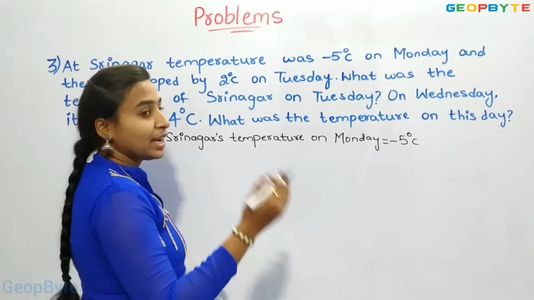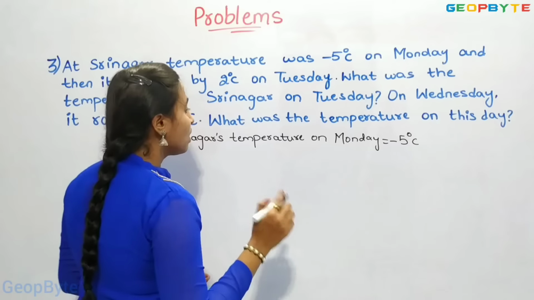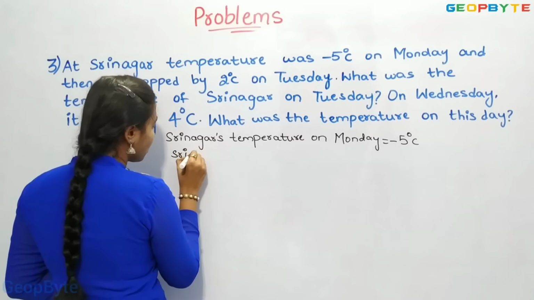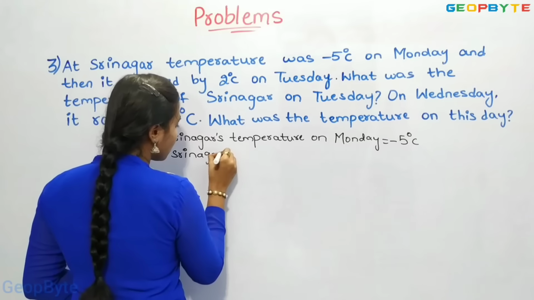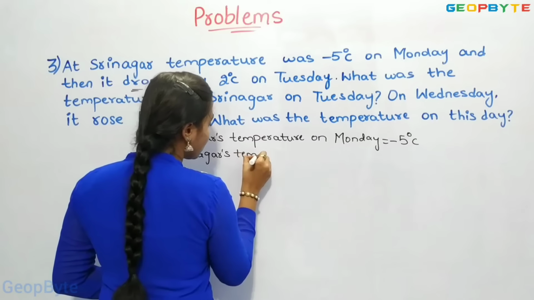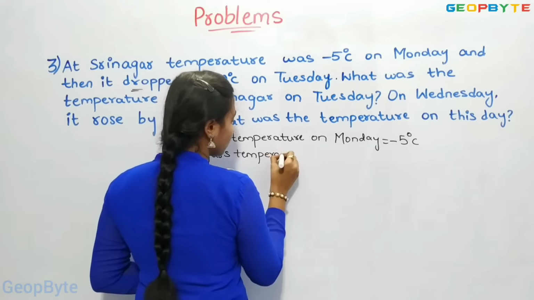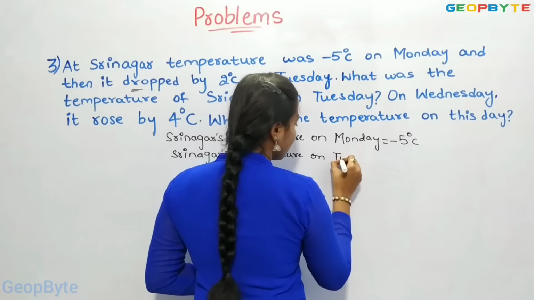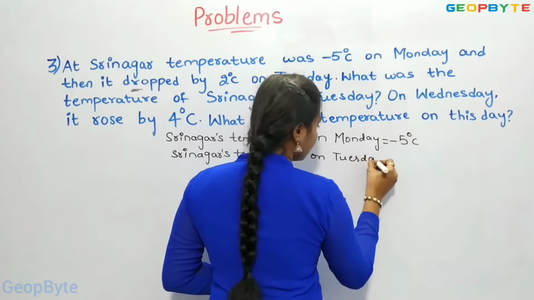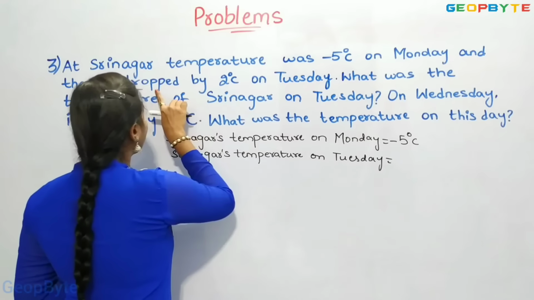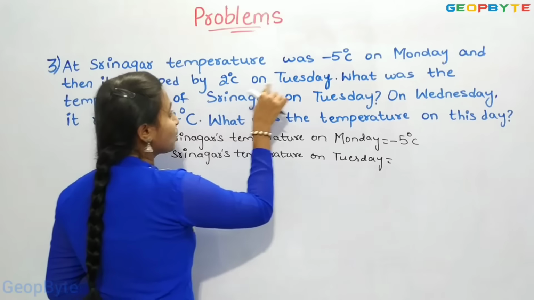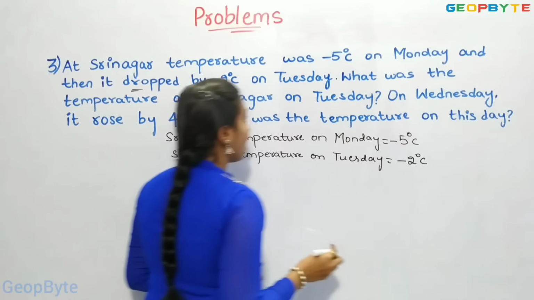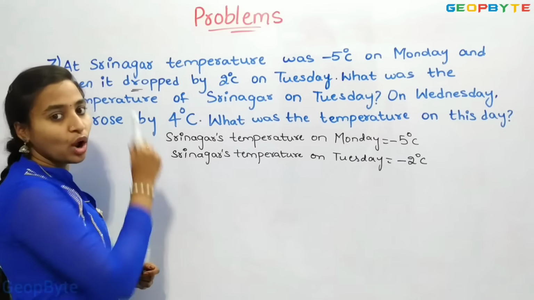Dropped means it decreased. So, it is written as Srinagar's temperature on Tuesday dropped by 2 degrees Celsius on Tuesday, that is minus 2 degrees Celsius, as they have given dropped.